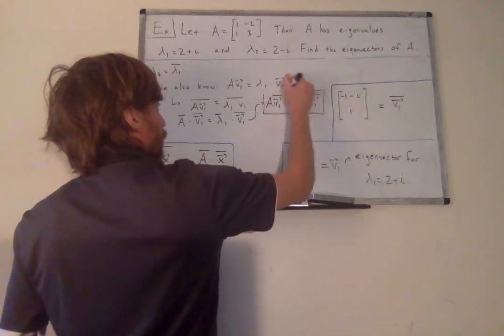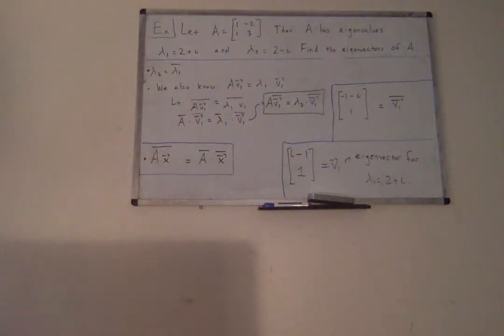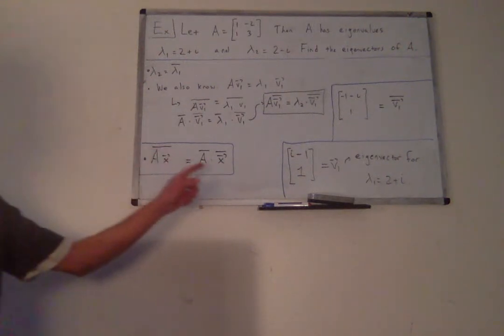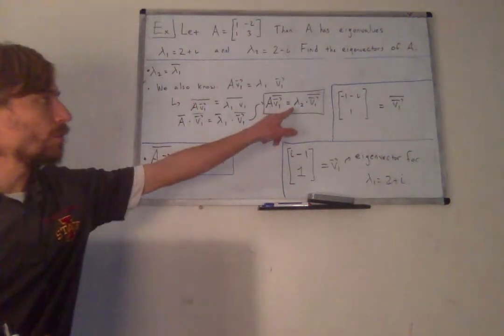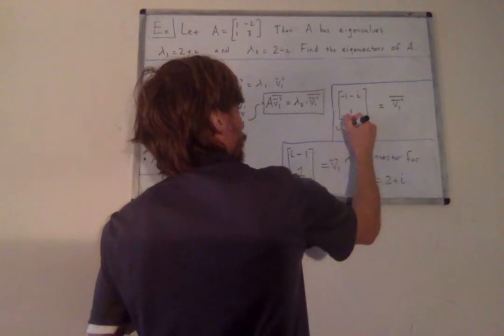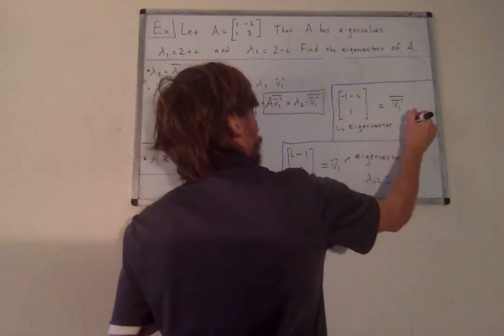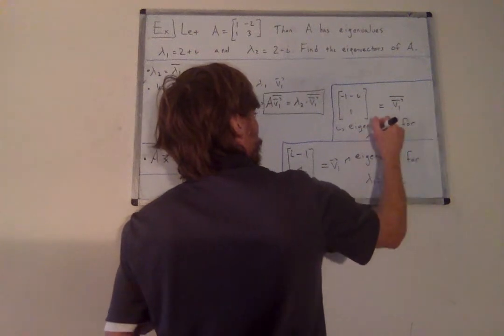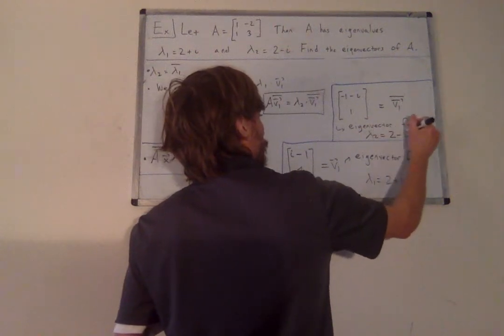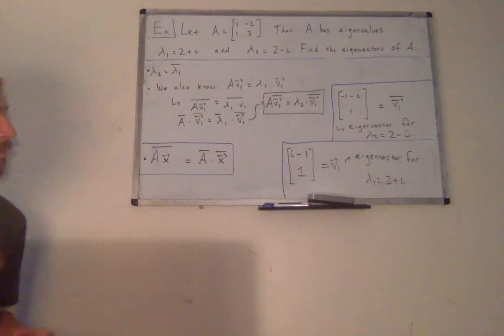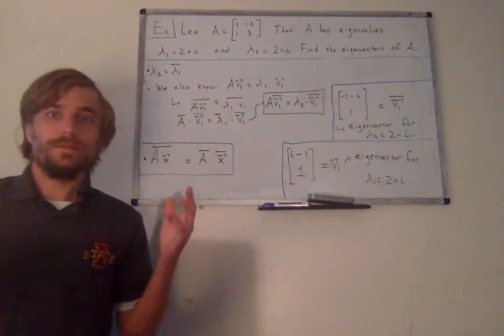And what did we just show? That it turns out that the eigenvector for lambda 2 is just the conjugate of the eigenvector for lambda 1. So cool.